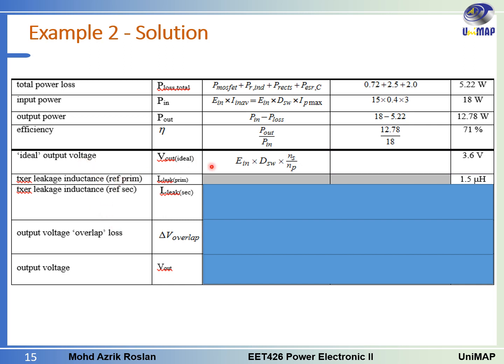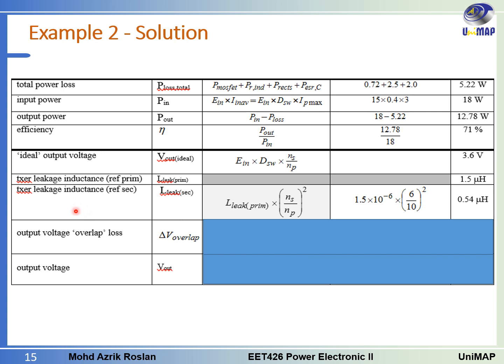The ideal output voltage, V out ideal, is equal to this one multiplied by this switch multiplied by NS over NP, and you will get 3.6 volts. So this is the ideal output voltage, and then we have the value already for the leakage inductance, 1.5 microhenry.